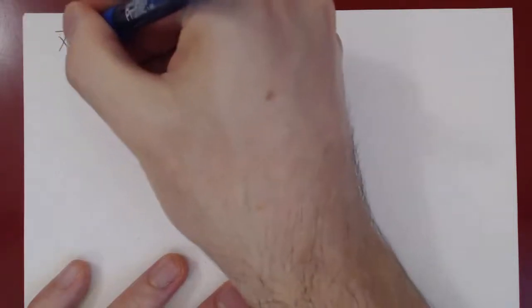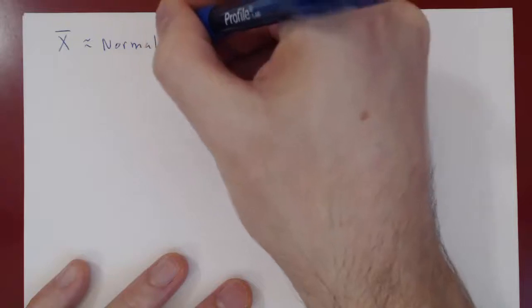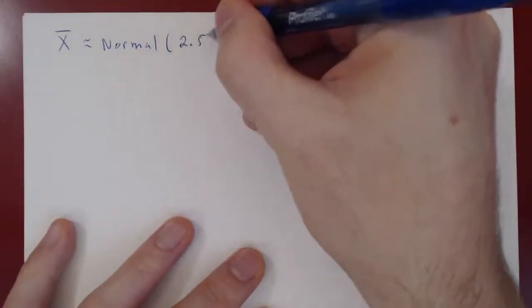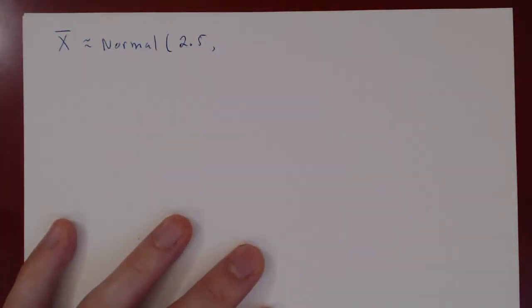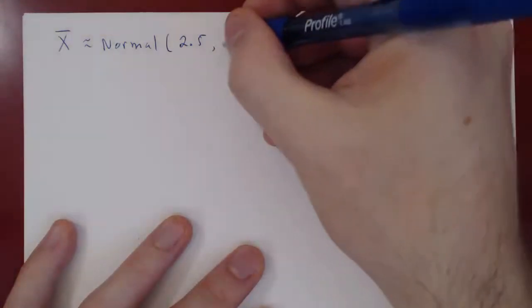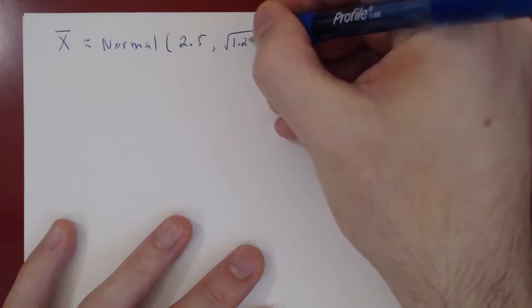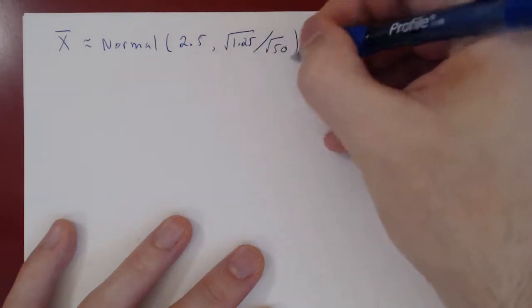So recall what we have just derived. Our average random variable follows approximately a normal distribution by the central limit theorem. The mean is 2.5, and the deviation is the root of 1.25 divided by the square root of 50.